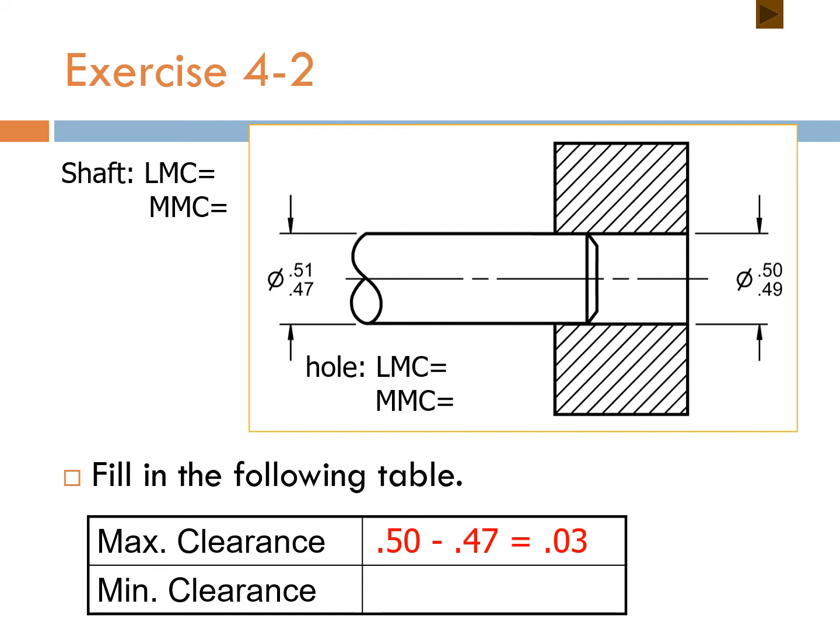For the minimum clearance, meaning the largest shaft and the smaller hole, the largest of the shaft is 0.51 and the smaller of the hole is 0.49. So the difference will be minus 0.02.